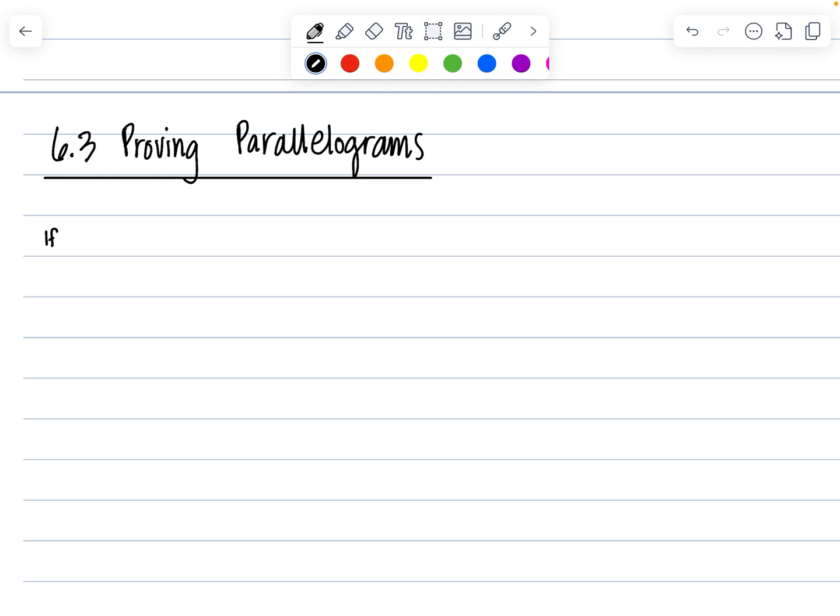Hopefully you got the titles down. If, and then I'm going to draw a blank here. And we're going to leave that empty for now because we are going to dive into the ifs. If blank, then the quadrilateral is a parallelogram.